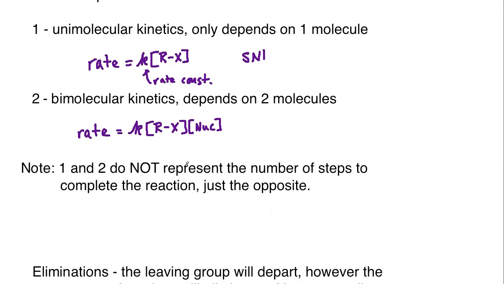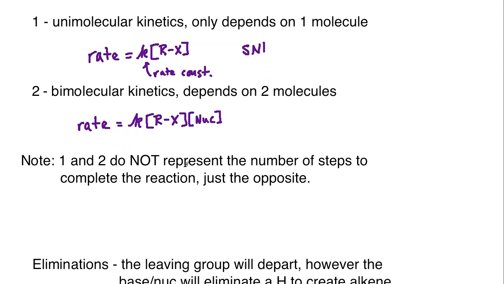Now I have a note here, and it's important to pay attention to this. The 1 and 2 do not represent the number of steps to complete the reaction. And in fact, it is just the opposite. So when we have a bimolecular reaction with the SN2, it occurs in a concerted single-step mechanism. Okay, so it's all in one step.